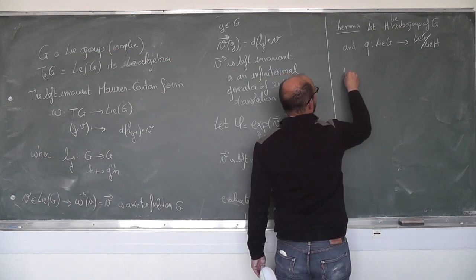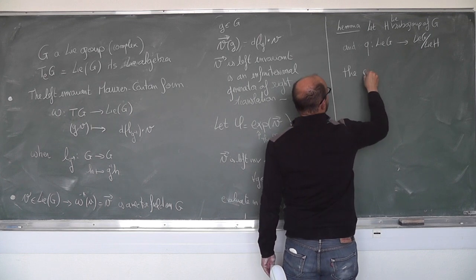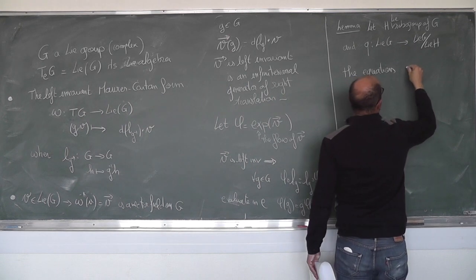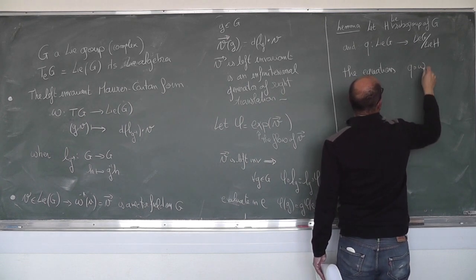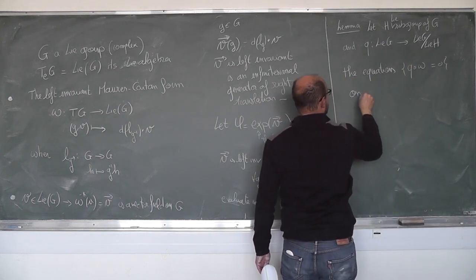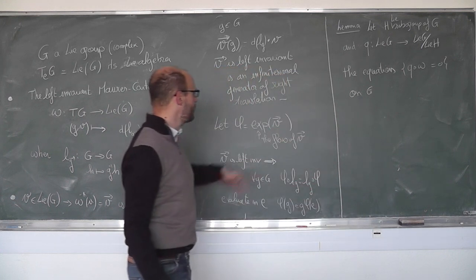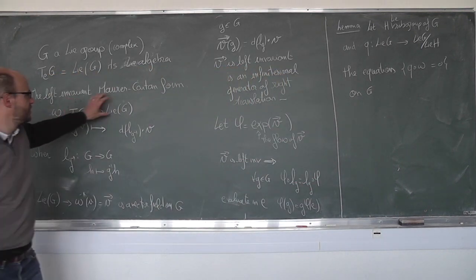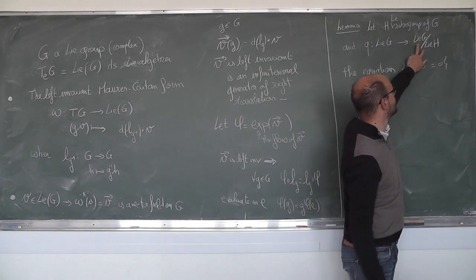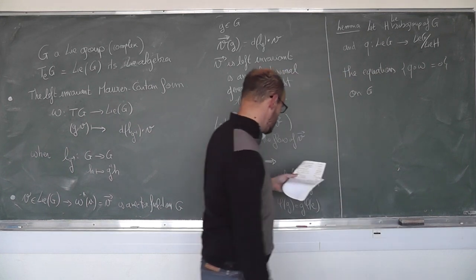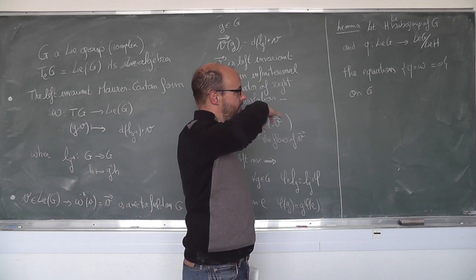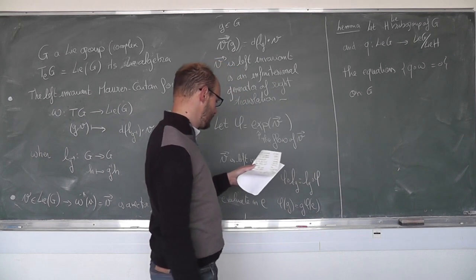And then you look at the Pfaff system, the differential equations, q composed with omega equal to 0 on G. So this is a set of one forms on G. You go from the tangent space of G to this vector space. So if this is dimension k, you have k different one forms. And so you have integral leaves, analytic submanifolds whose tangents are exactly the kernel of these.